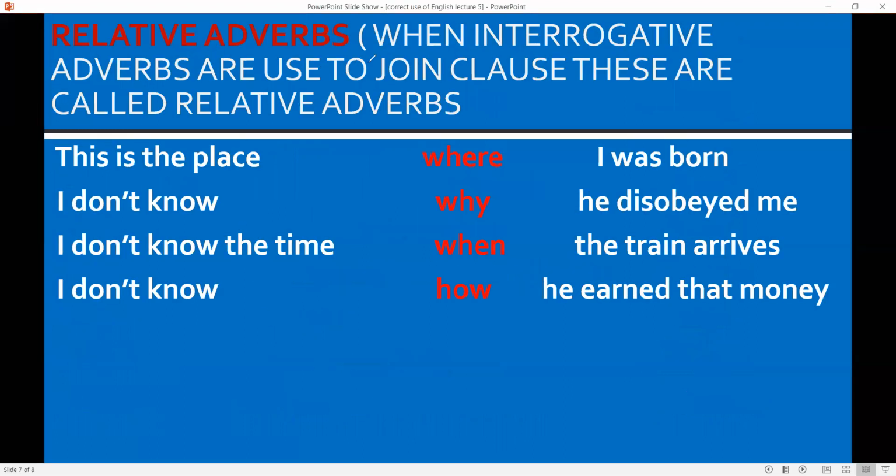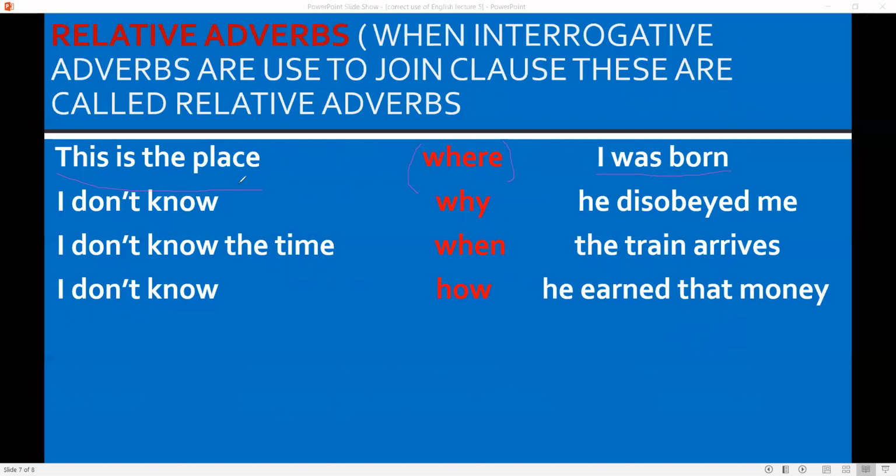So these are the relative adverbs. When interrogative adverbs are used to join clauses, this is clause 1, this is clause 2, when we join them with these words, they are called relative adverbs because they relate clauses. This is the place where I was born.